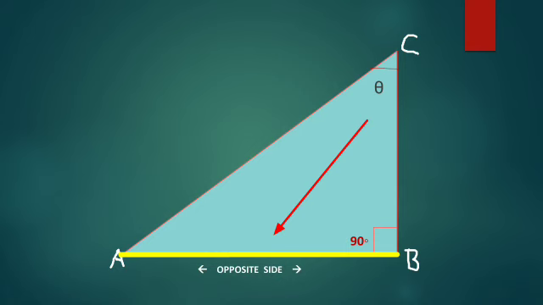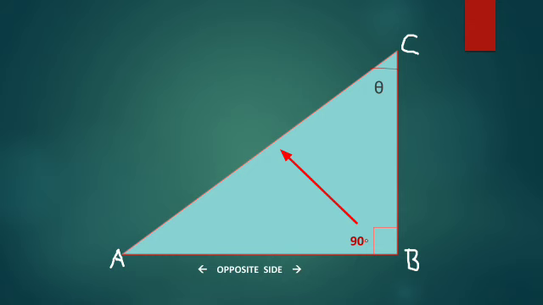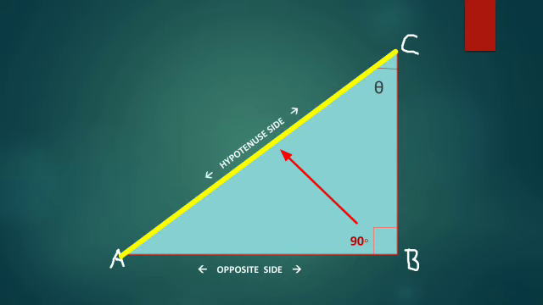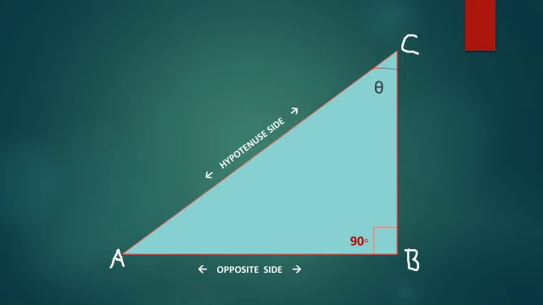The side which is opposite to angle theta is the opposite side, and the side which is opposite to the 90 degree right angle is called the hypotenuse side, and the remaining portion, that is the side BC, which is below the angle theta, is called the adjacent side.